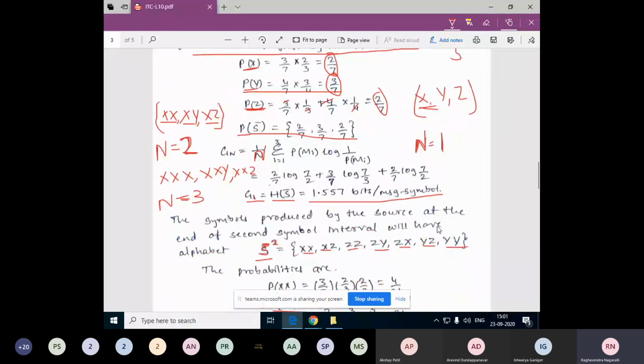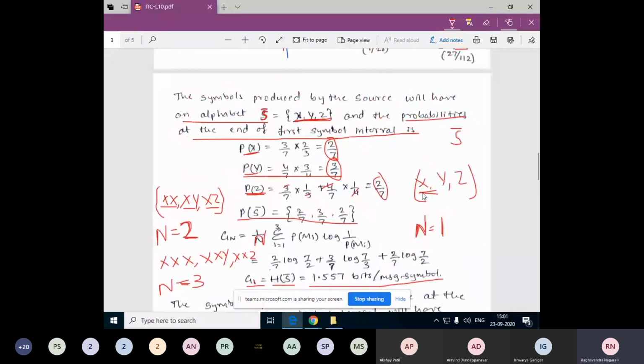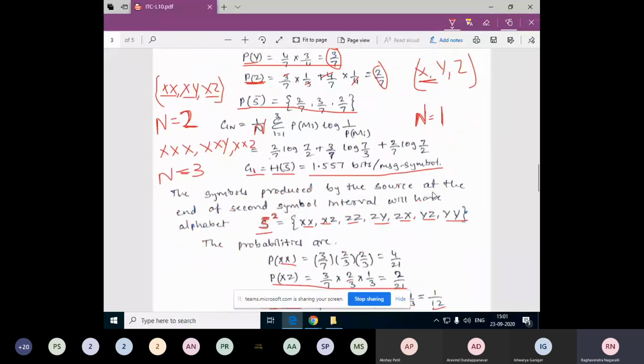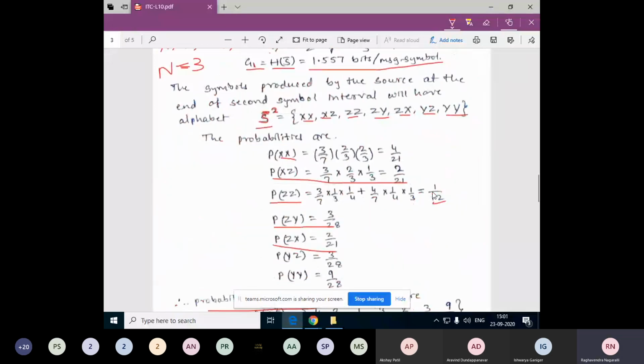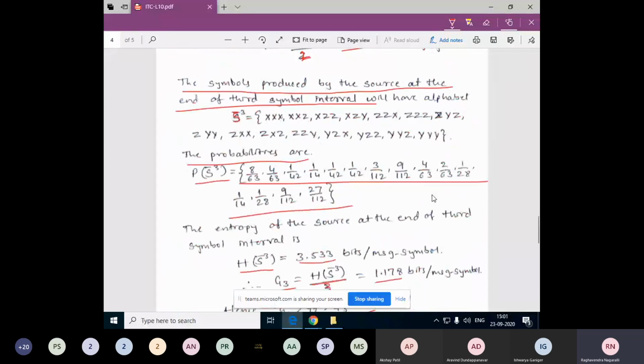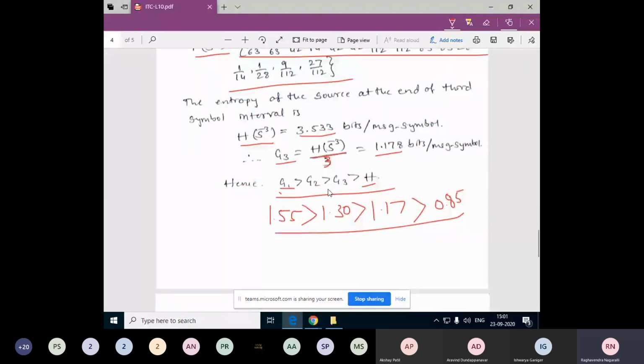If the length emitted is bigger or long, you will get the smaller average information content. Okay. So in the G1 we have only X, Y, Z. In G2 we have XX, XY, XZ, like that. In G3 we have XXX, XXY, XXZ. So as these extensions go on increasing, you will get the decreasing value of information content. So this is what it proves.